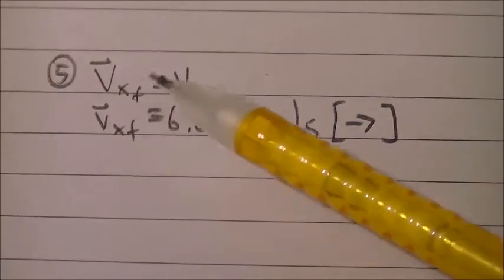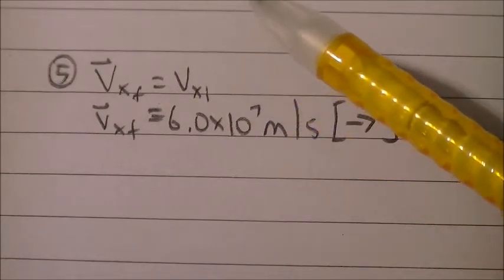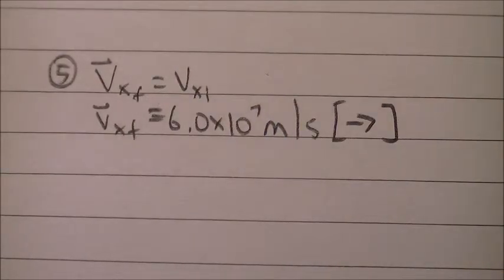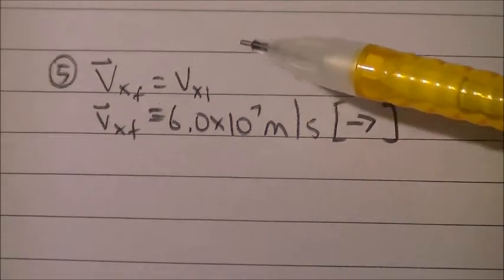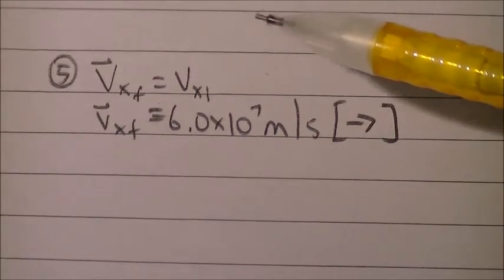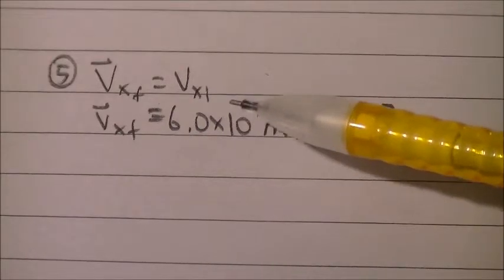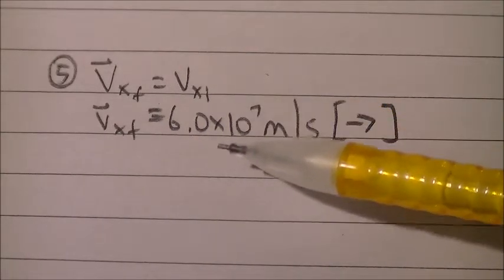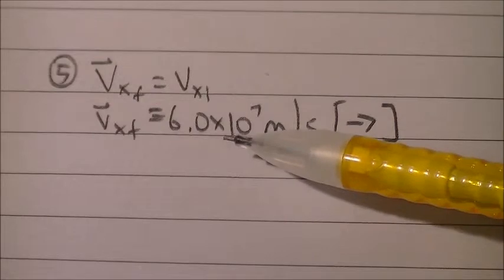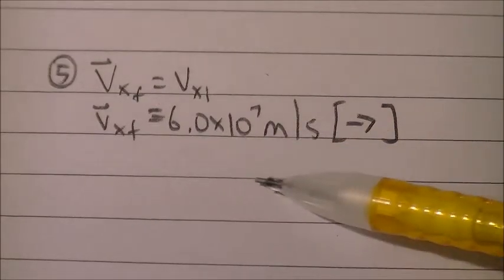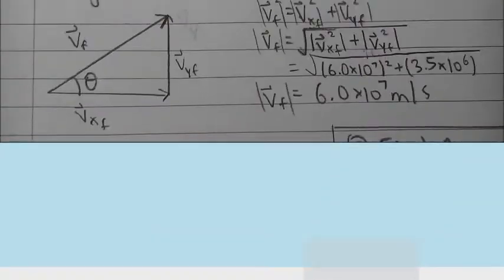As for the final horizontal velocity of the electron, since there is no force acting in a horizontal direction, it will be the same as its initial horizontal velocity, which gives us a final horizontal velocity of 6.0 times 10 to the exponent of 7 meters per second to the right.